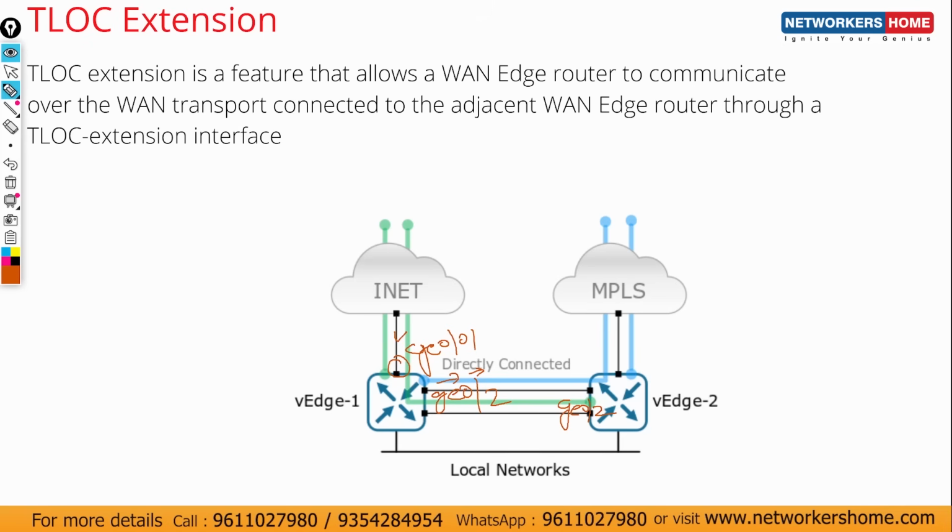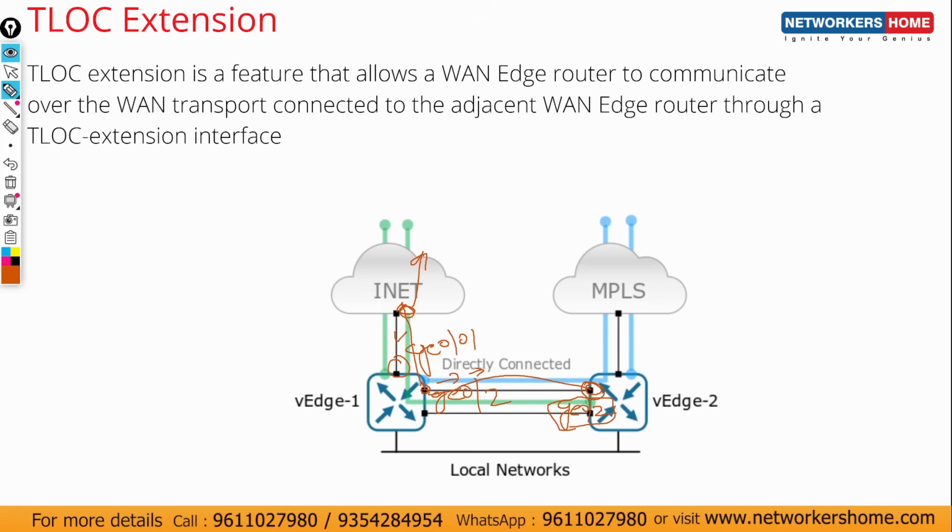Which means this interface will facilitate this particular interface here, which will become a TLOC itself, and it will pass through this VPN, this particular interface itself, but it will become a virtual extended network passing through this particular interface going to the internet. That means there are two TLOCs on the one physical interface.